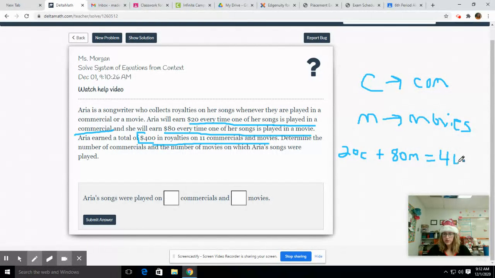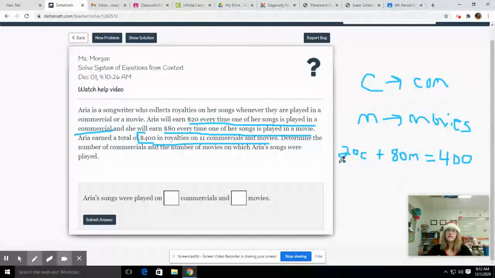So that's how much she made total. So you're always going to want your equations to be in the same units, like 20 is money, 80 is money, 400 is money. You're not going to want to mix up money and amount of times played. So we've done that, and then it tells us she made $400 in royalties on 11 commercials and movies.